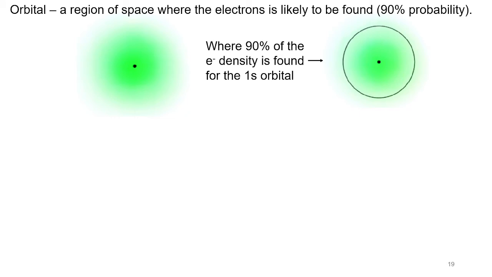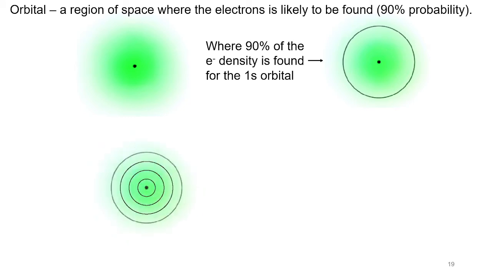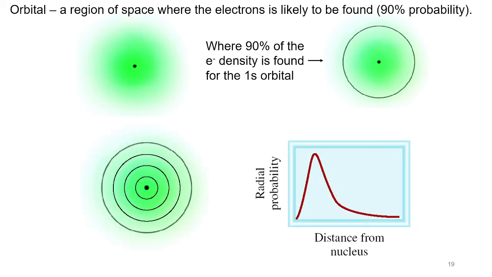So there is 90% of the electron density found in the 1s orbital, wherein the probability is higher nearer the nucleus. As we go further from the nucleus, the probability of finding an electron is going down.